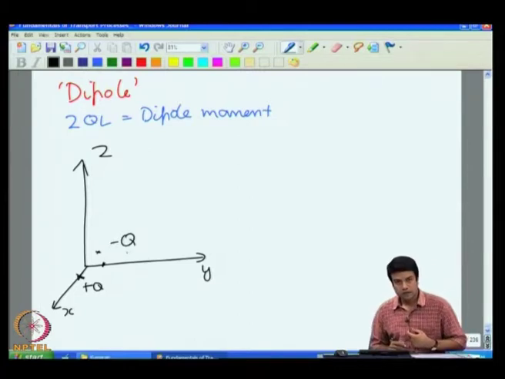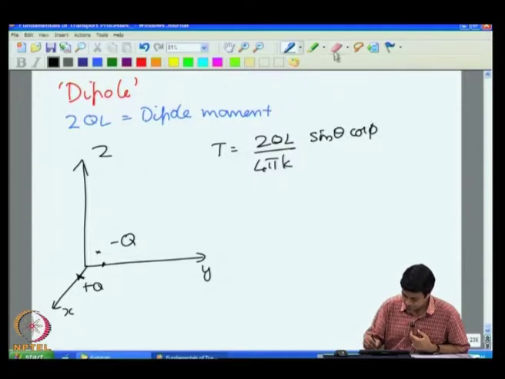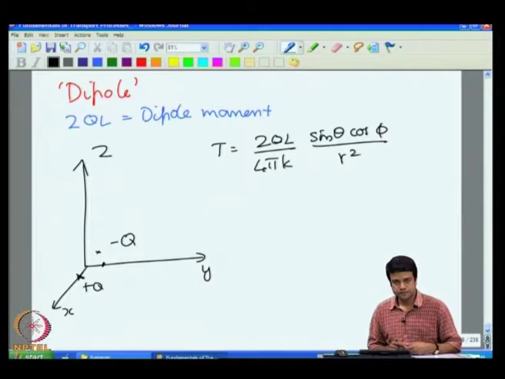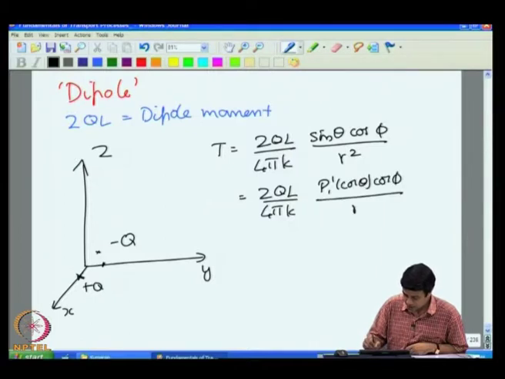Okay. For m is equal to plus 1, one will get the solution as T is equal to 2qL by 4 pi k into sin theta cos phi by r square, okay, is equal to 2qL by 4 pi k into p11 of cos theta cos phi by r square.